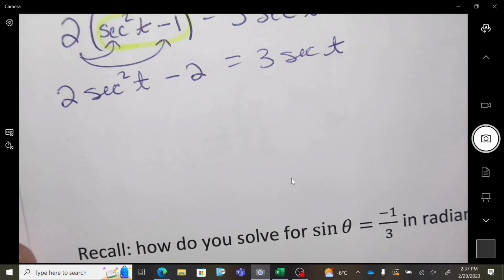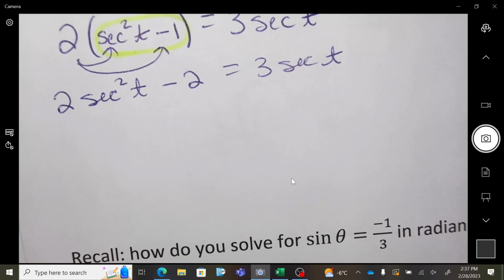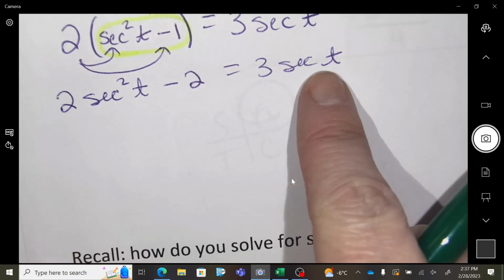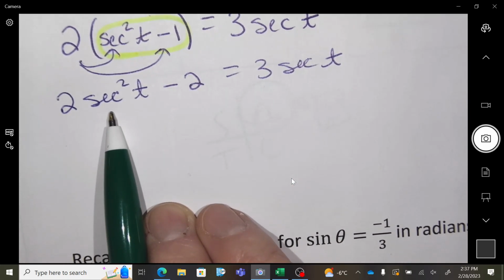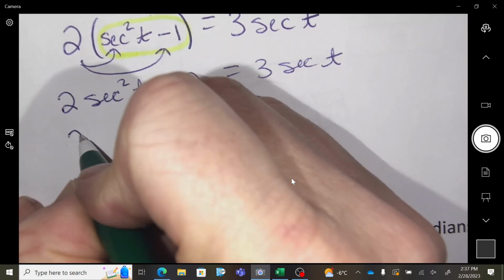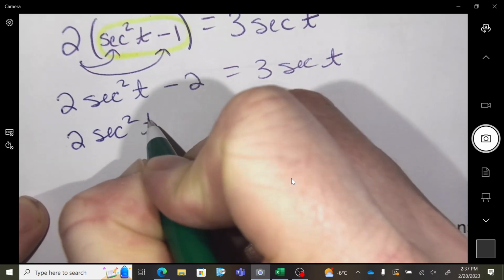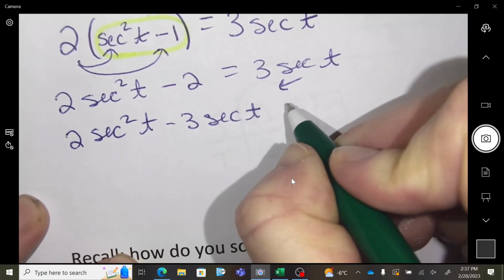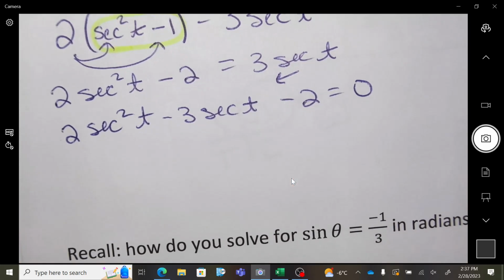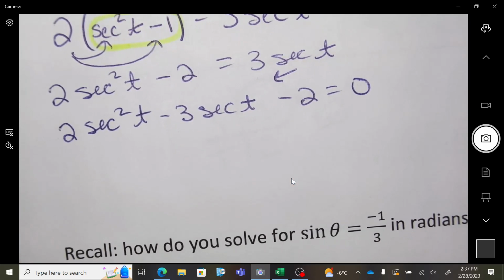Okay, distribution happened. Now I have 2 variables, so I'm going to zero one side out. This is the boss. It's positive, so I'm going to leave it. This would get moved. Now it looks like a quadratic in a nice order.